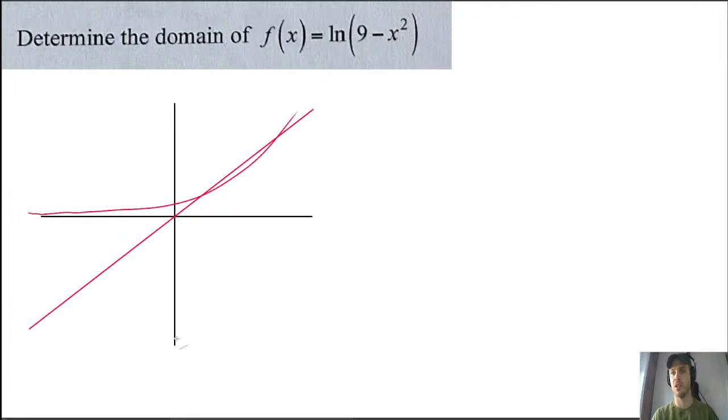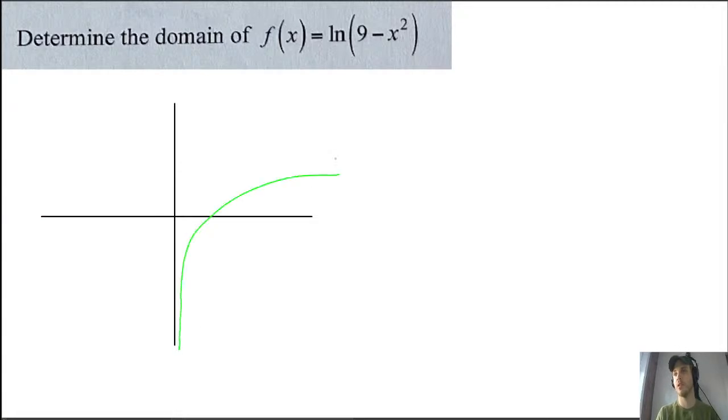And you would get another function, which has this asymptotic behavior here, and then something like that. So they should reflect over y equals x, but I can't draw, so they don't. Anyway, this is our log function.